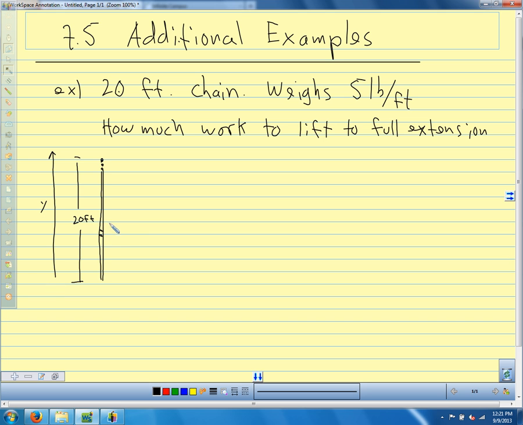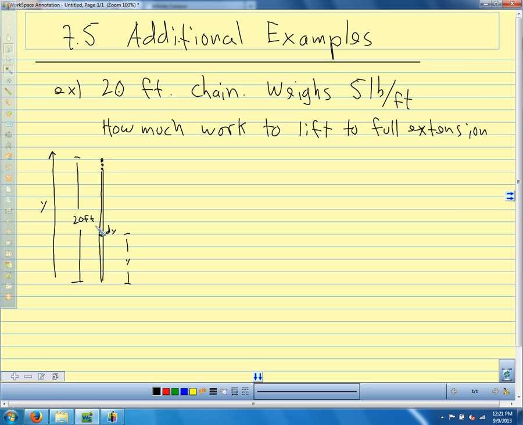One little piece of the chain, we could call it delta y or dy. The distance that each piece is lifted is going to be y. And y varies from 0 feet. This piece that's down here at the bottom doesn't get lifted at all. And the little piece at the very top gets lifted the entire 20 feet.